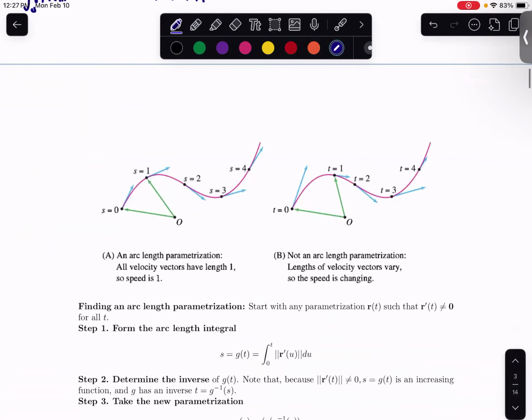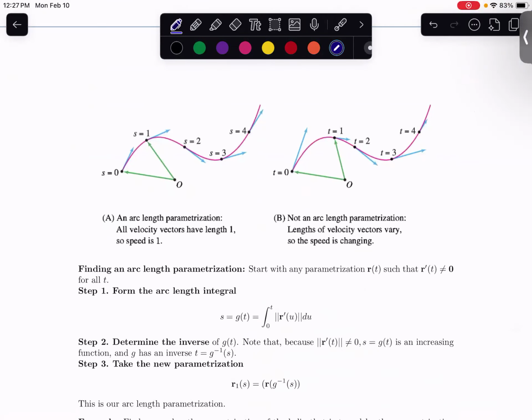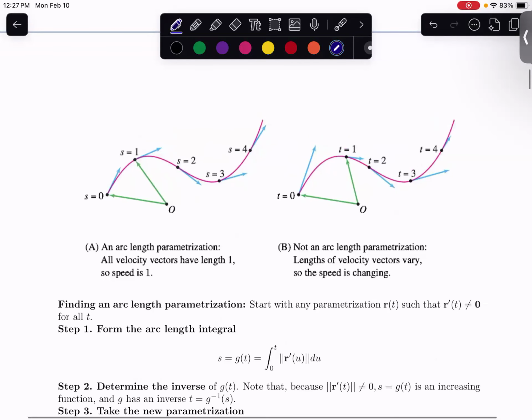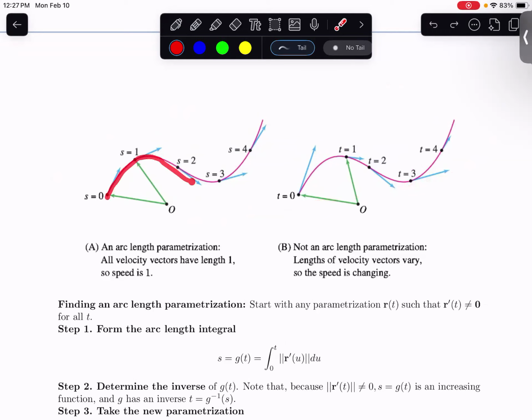Okay. On the next page, there's a figure illustrating what I'm talking about. If you compare these two curves with one another, the curves that they parameterize are exactly the same, the same red line. Even though we're doing a different parameterization, where the left is parameterized by the arc length and the right is parameterized by some other variable t, what changes is just the lengths of the velocity vectors.